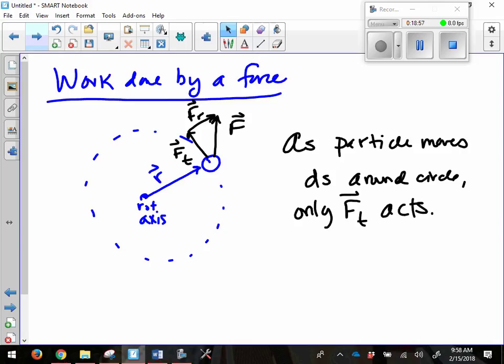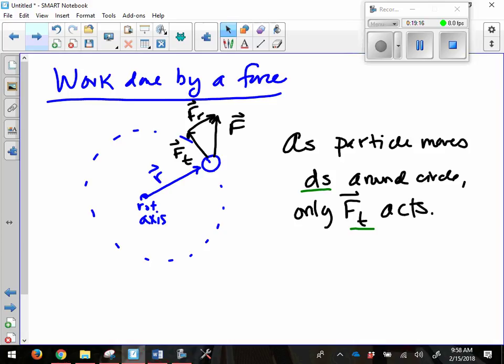So this does work, because remember, the whole thing about work is that the force has to be parallel to the direction that the work is done in.